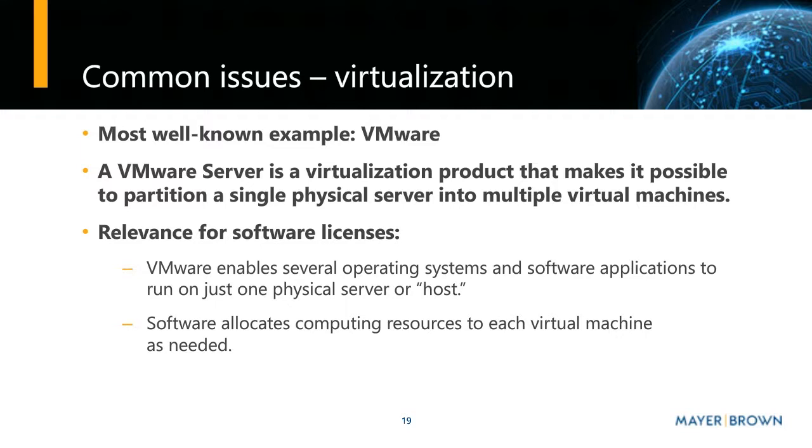For example, a software could be installed on a physical server, but then also could be used by the different virtual machines, actually leading to the requirement to obtain additional licenses if you have a CPU-based license metric.